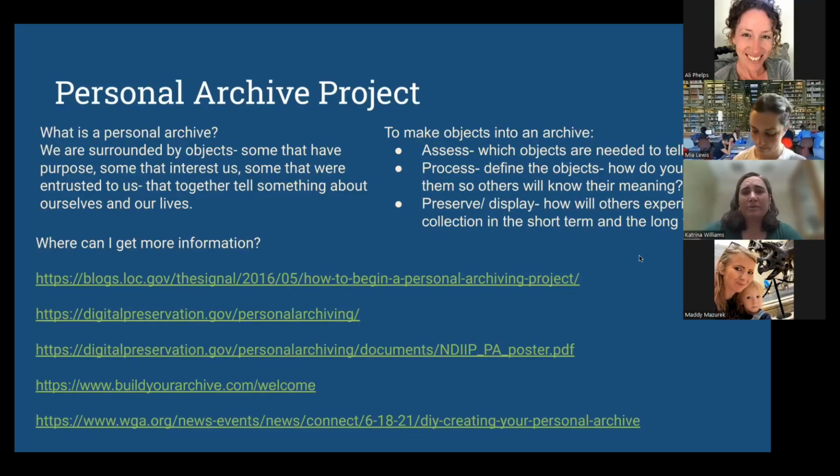We thought back to our original 202 group work on what sort of archives we talked about with our groups. So first, what are the objects? What are the things around us that we want to select to tell a story? Then we need to process them: define the object, describe them, make them meaningful to other people. And finally, how are we going to preserve them and display them? How are we going to share what these meaningful objects are with other people?